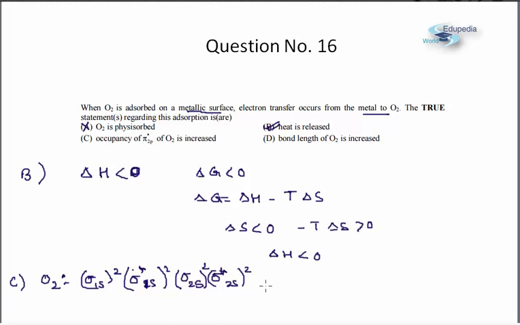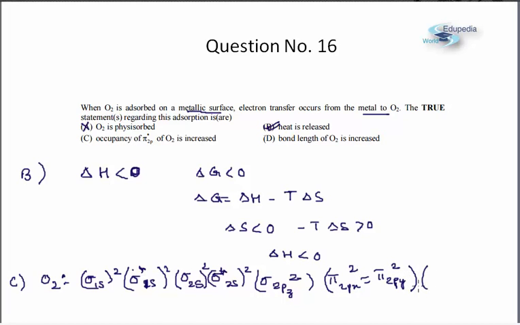That makes it 8. Now we will have sigma 2pz2, that makes it 10. Then we will have pi 2px equal to pi 2py. Both these will have 2 each, that makes it 14.